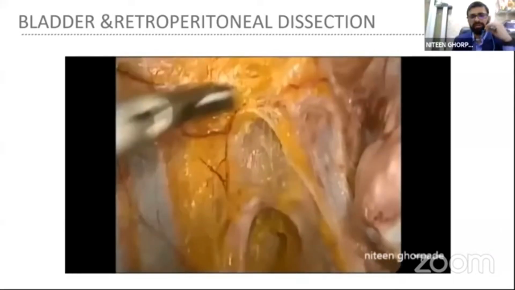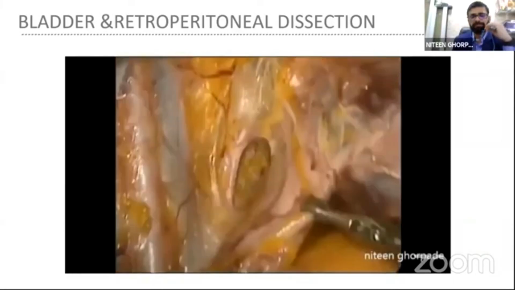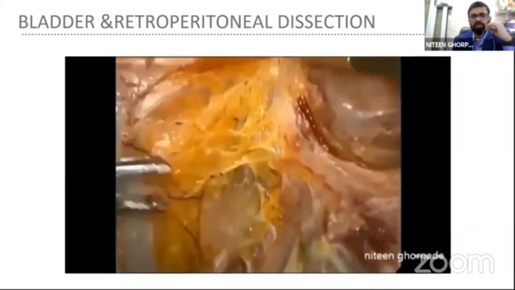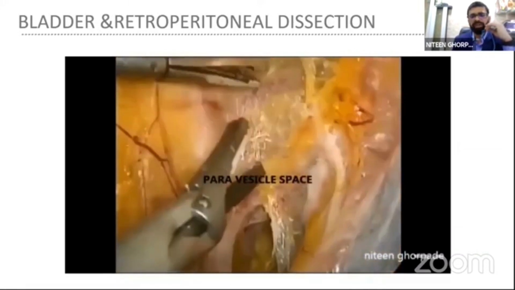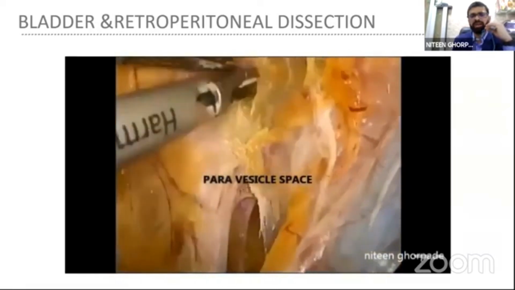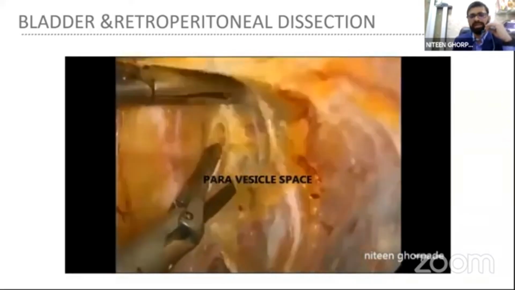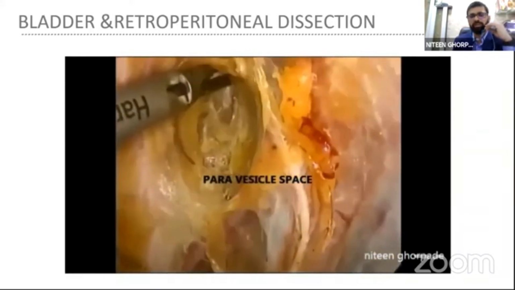Again, I am working on the paravesical space. While dissecting the paravesical space, we try to stay close to the obliterated umbilical ligament. That is the safest way to go deep down.